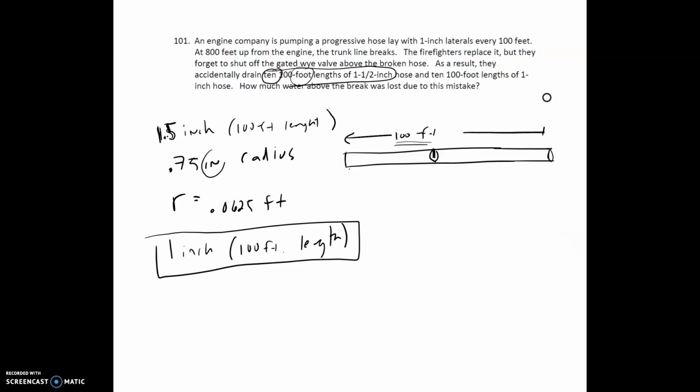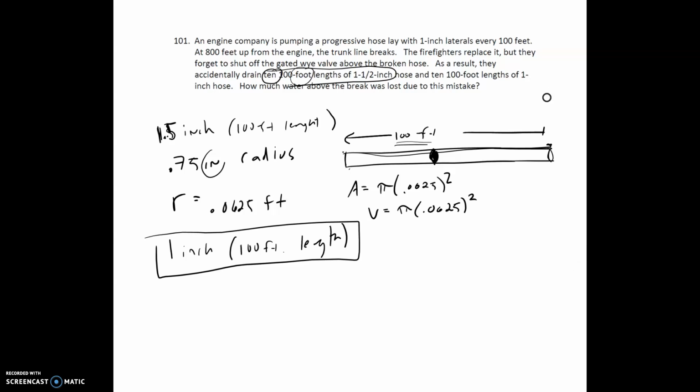Okay, so now I can find the area of this little circle, multiply it by the length, it'll give me the volume in cubic feet. The area of that little circle is pi r squared. And the volume of the hose would be the area times the length. So it'd be pi r squared multiplied by that third dimension.